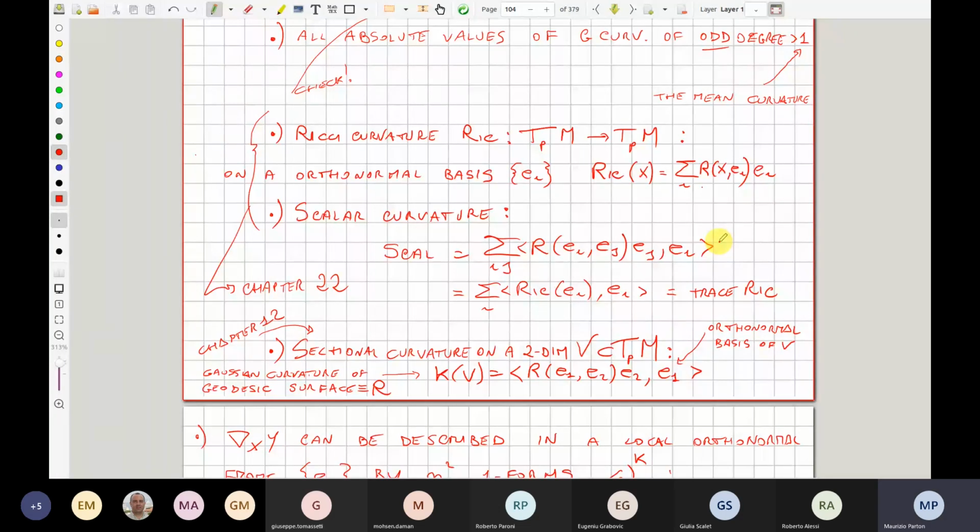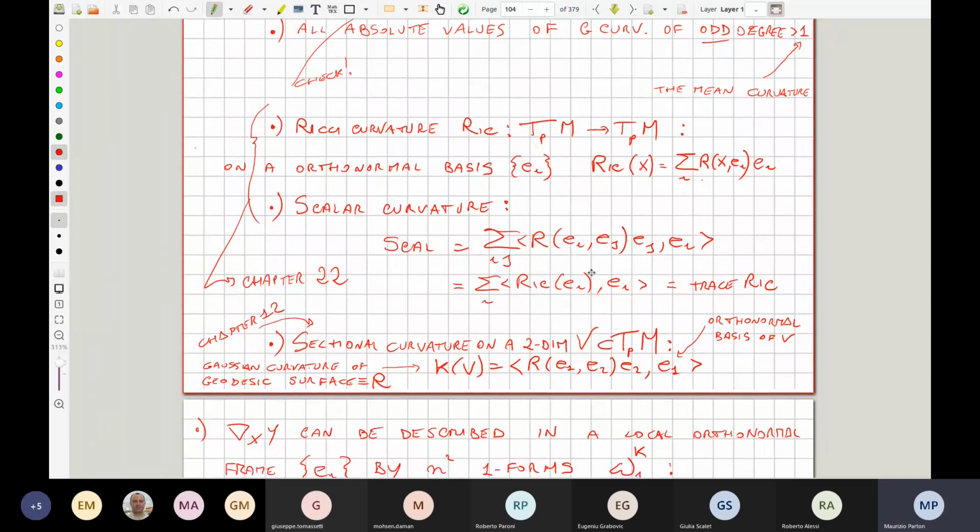And here another realm, another world opens. Question: are the manifolds where the scalar curvature at any point is the same number important? These are called manifolds with constant scalar curvature. Yes, they are very important, of course. And then several questions open in this direction.